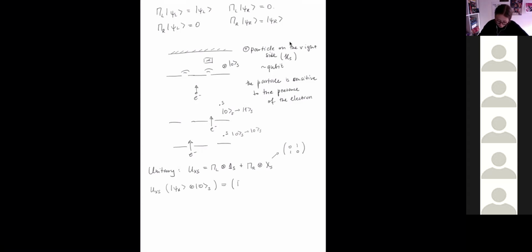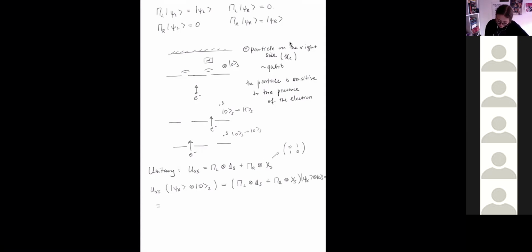So what we get here is 1S plus PR XS acting on, let me first write it as psi alpha tensor 0S.